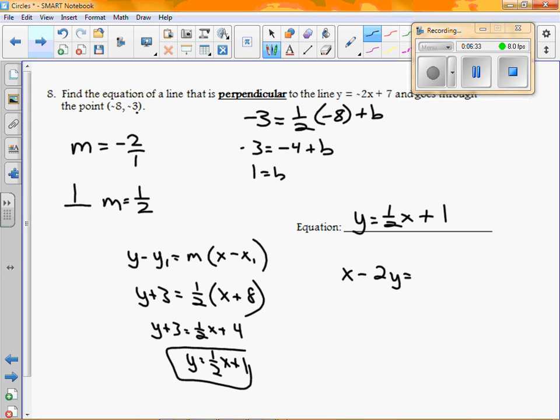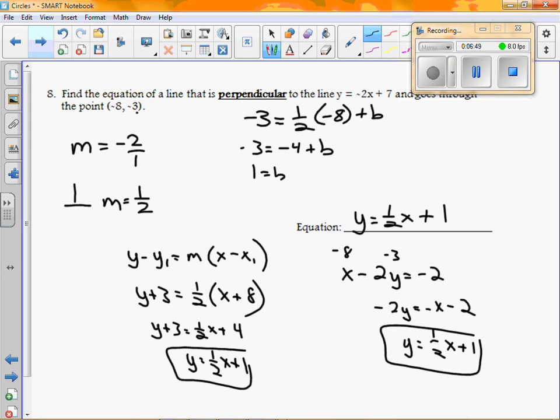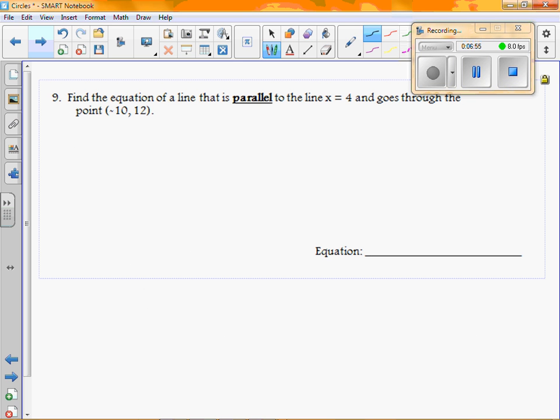Now when I plug in a -8 and a -3, I get -2, which when you solve it for y, I notice I get 1/2 x. I get the same answer any way I do it. You don't have to do it all 3 ways. So I just want to make sure you understand what's going on.